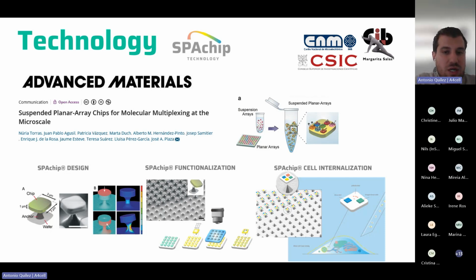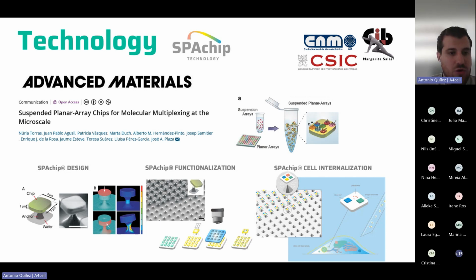So here, what you can see in these images, it's basically how we produce our kits. Our kits consist of millions of these SpheroCHECKs that we manufacture on top of silicon wafers, where we carve this morphology, specific geometry.